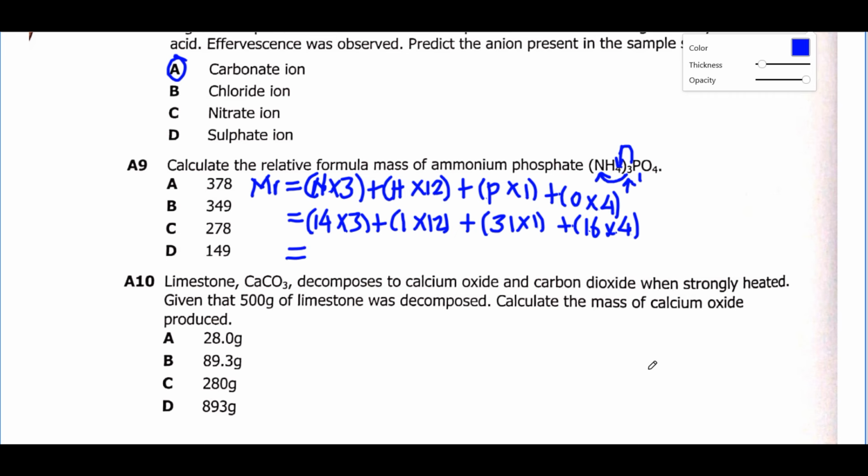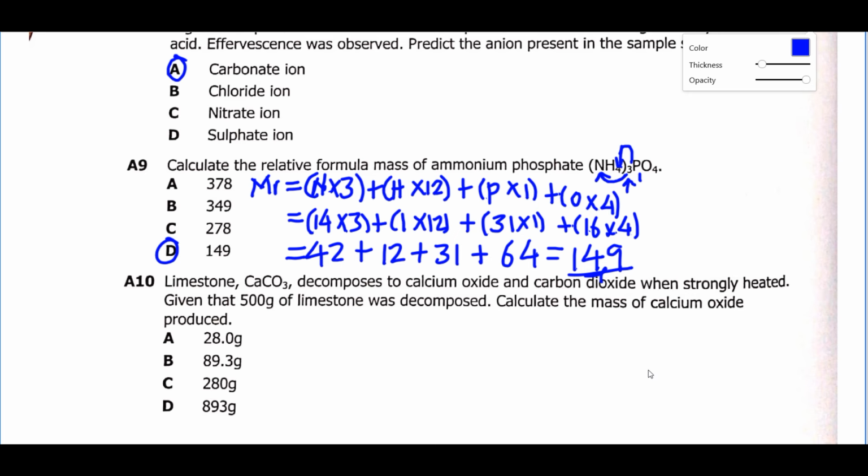If we multiply 14 by 3, I'm getting 42, plus 1 by 12 is 12, 31 by 1 is 31, plus 16 times 4 is 64. So 42 plus 12 plus 31 plus 64, I'm getting 149. So this is my answer, our answer is D.